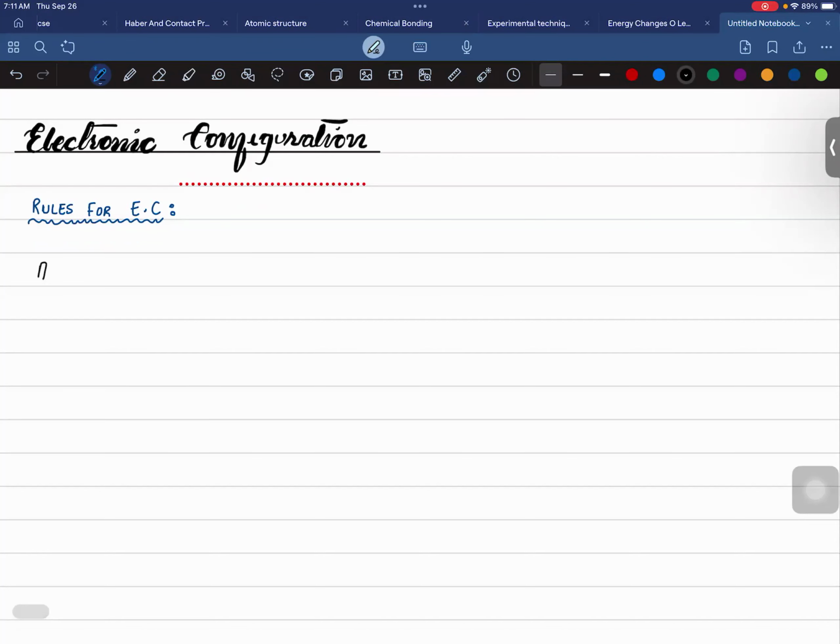Rule number one is the Aufbau principle. This is not the name of a scientist. This is a Greek word which means building up.